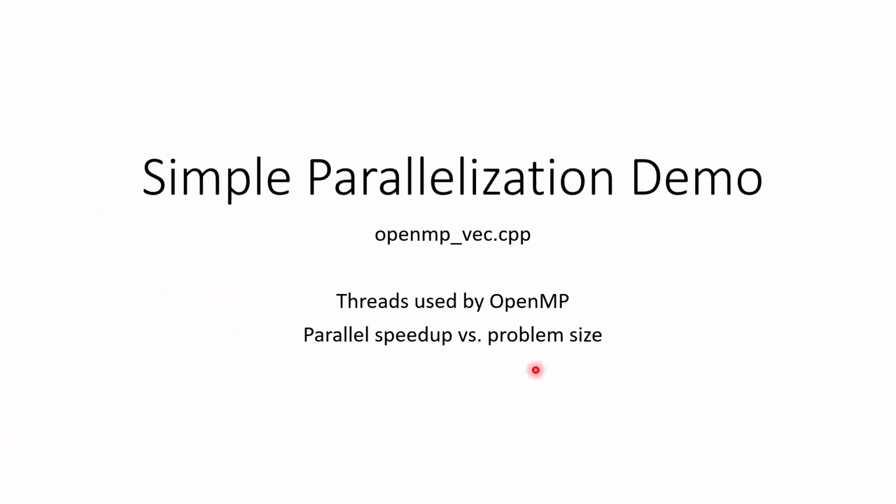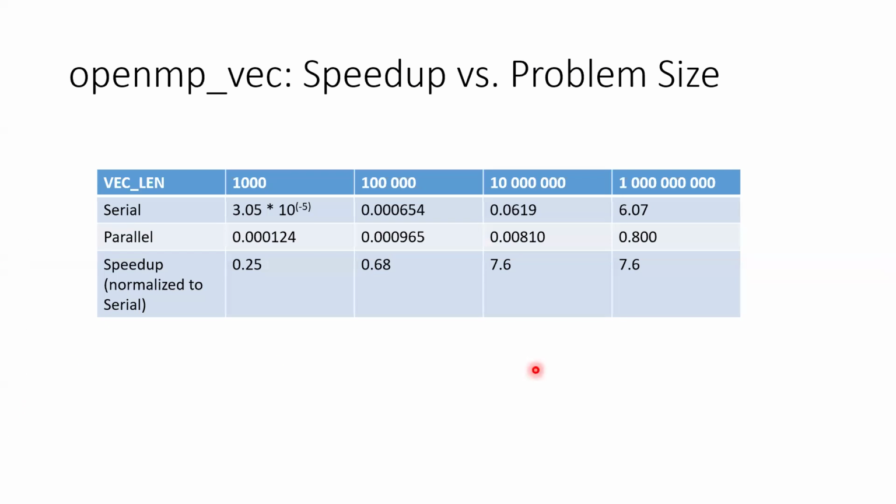I'll go back here. These are the times measured on a machine that is not loaded. As we already see, if we don't have a large enough vector length, we are actually slowing down with multi-threading because of multi-threading overhead.